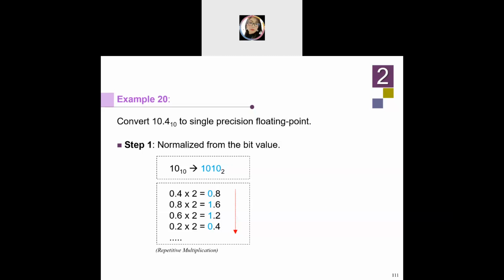Okay. We have the value now. We go one by one. 1010.0110. What we need to do is normalize the bits. Where should I go, left or right?